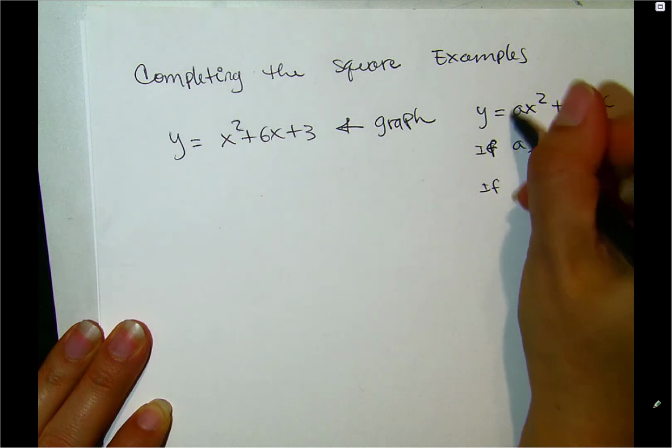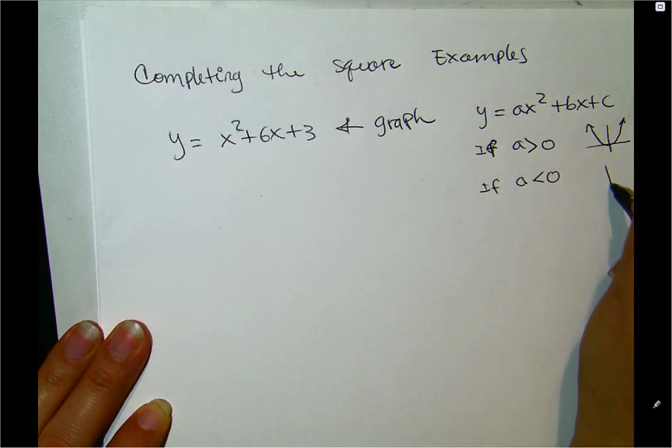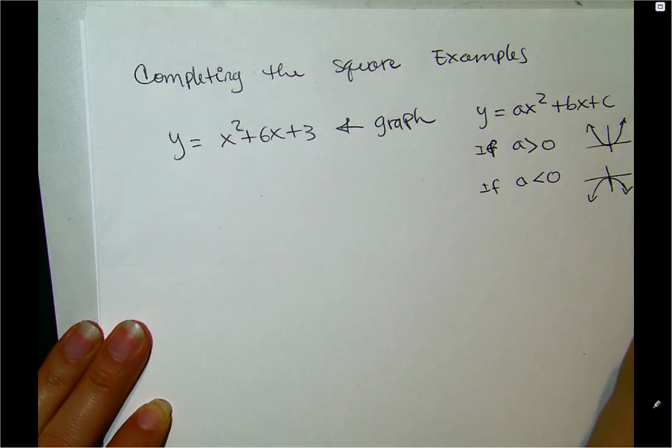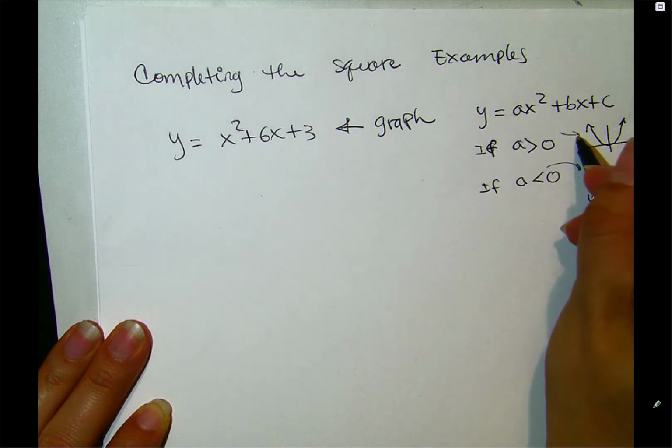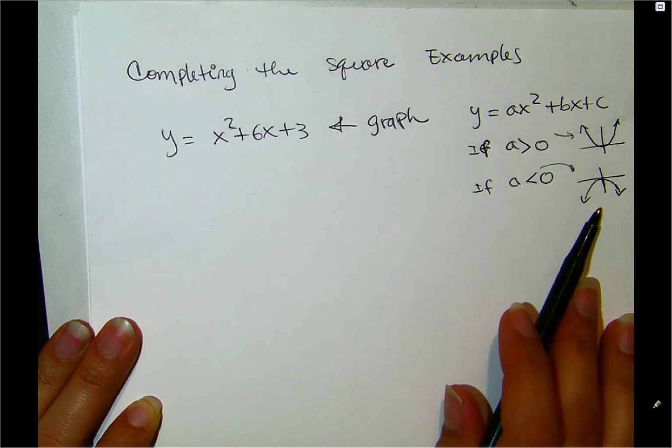If the coefficient of the x squared, the a, is negative, less than 0, then you have a sad face parabola, so it opens downward. So that's how the a in the front can help you decide what kind of shape you're going to have.